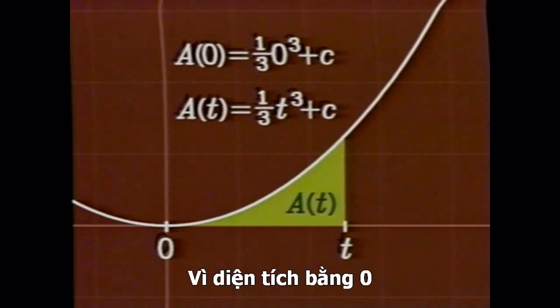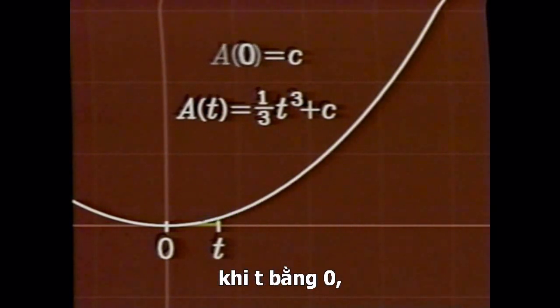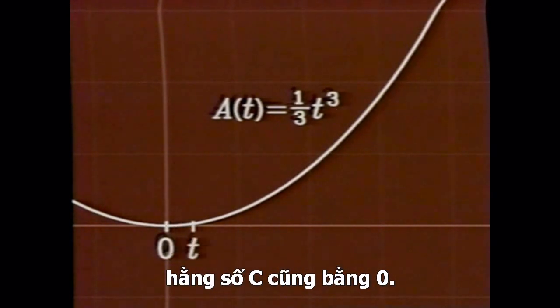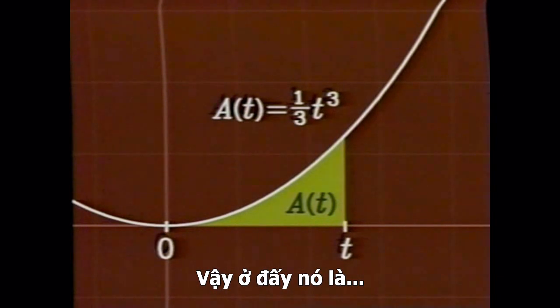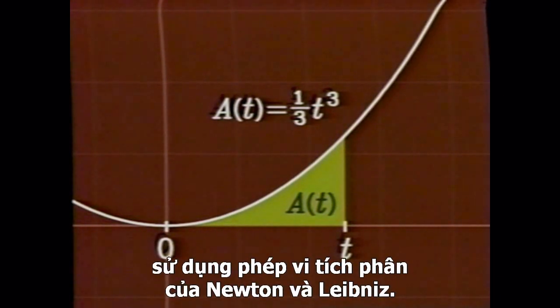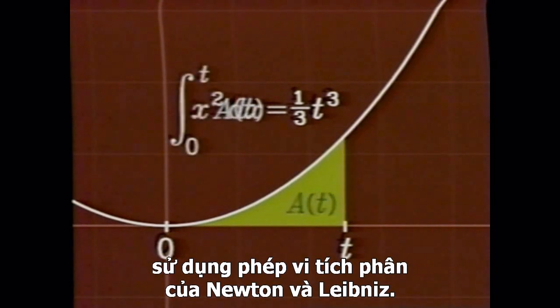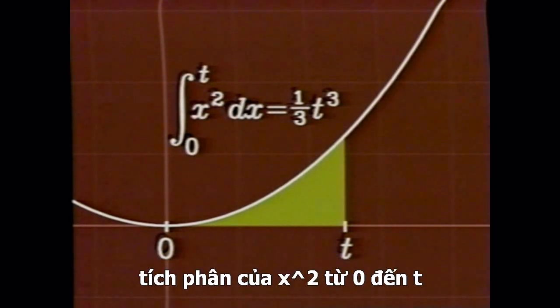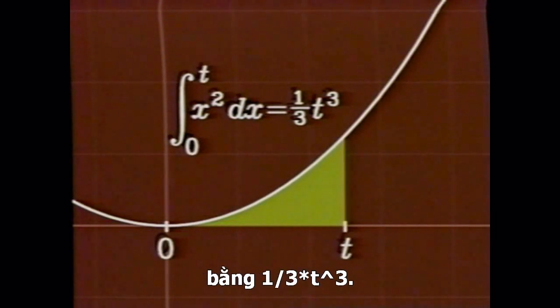Since the area is 0 when t is 0, the constant is also 0. So there it is, the quadrature of the parabola, using the calculus of Newton and Leibniz. In the language of calculus, the integral of x squared from 0 to t is 1/3 t cubed.